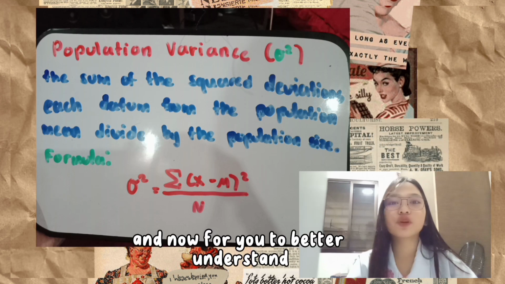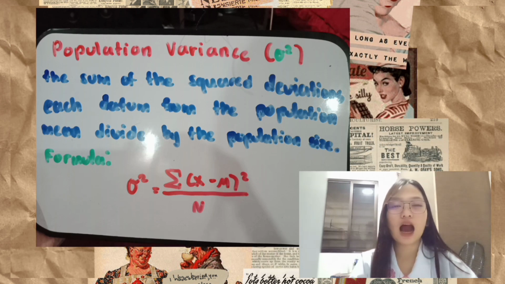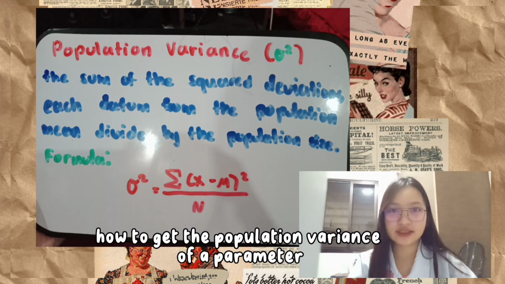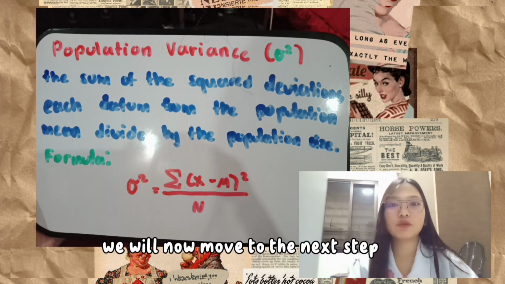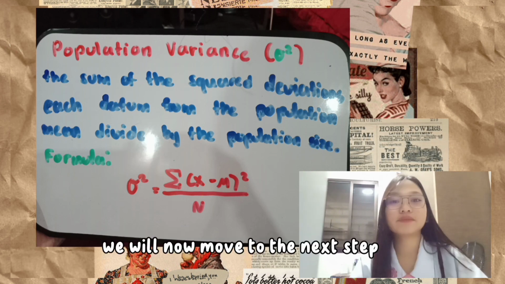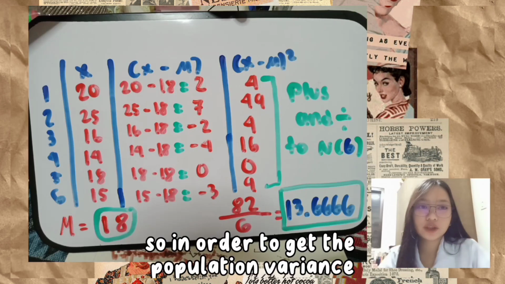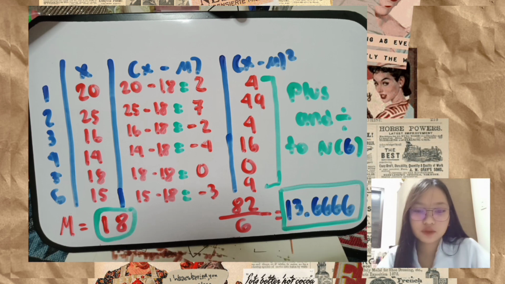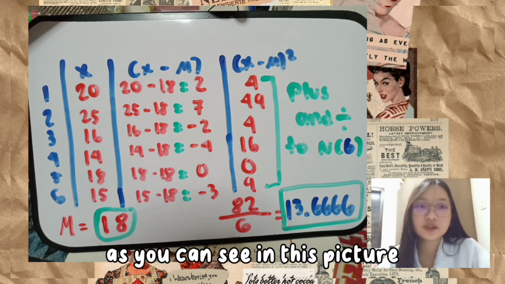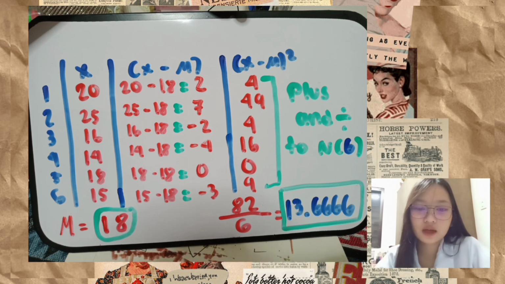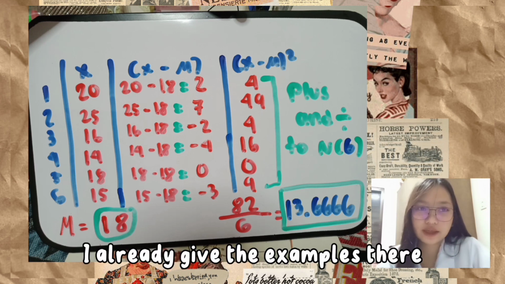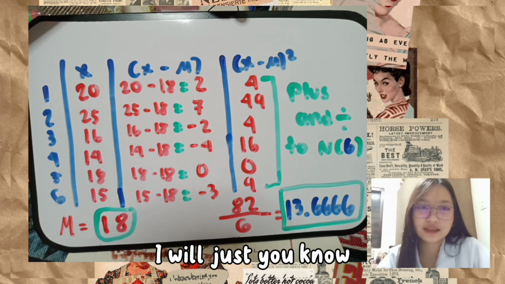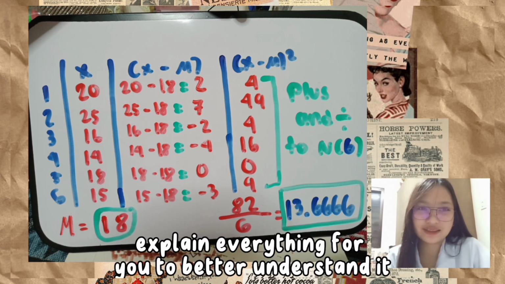And now, for you to better understand how to get the population variance of a parameter, we will go back to our example earlier, which is the population mean. As you can see in this picture, I already gave the examples there. I will just explain everything for you to better understand it.